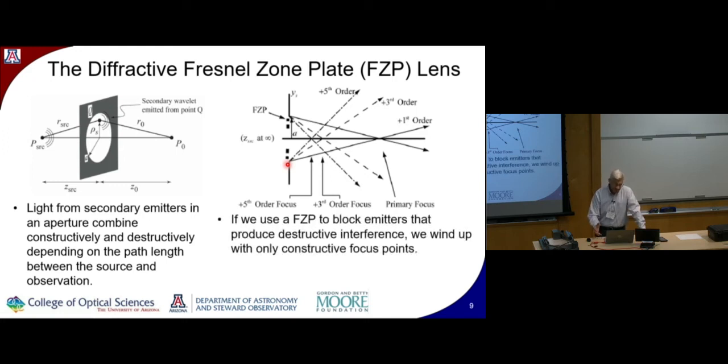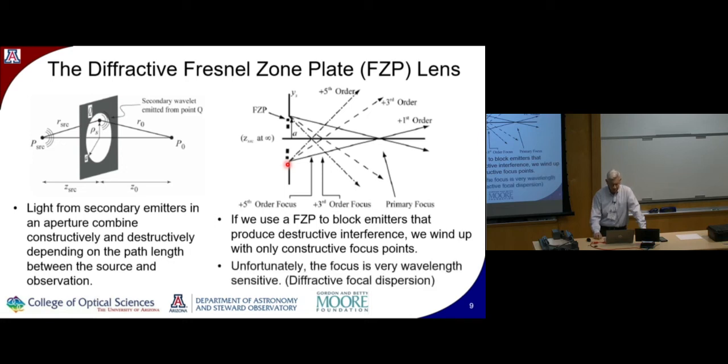But the fact is that if we use this, what's called a Fresnel zone plate, to block the emitters that produce the destructive interference, we wind up with only constructive interference at the focus point. Now, unfortunately, this diffractive lens is very dispersive with wavelength, okay? And I call that diffractive focal dispersion. We'll talk more about that in just a minute.